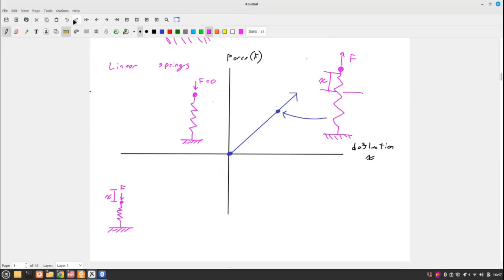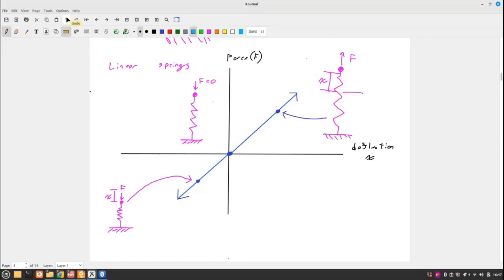And the compression of that system results in an equal force acting back up from the spring for every amount of displacement I have taken. And this is what's a linear spring. One way to think of it as a linear spring is because we have drawn a linear line.